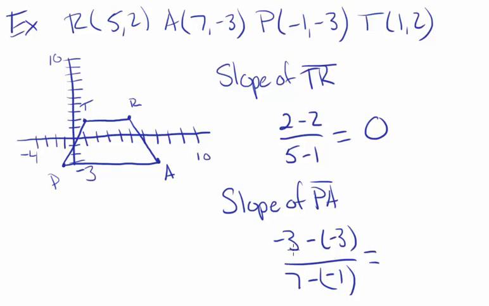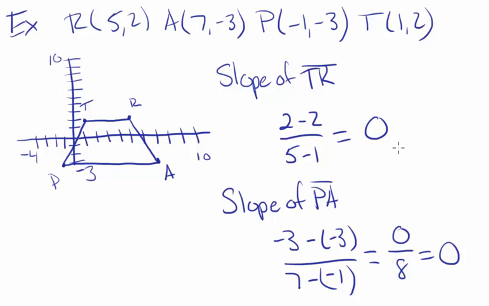On top here we have negative 3 minus a negative 3, which will be a plus. So negative 3 plus 3, which will be 0. And then we have that over 8. But again, that equals 0 as well. And so PA is horizontal. This makes sense. It is a horizontal line, and horizontal lines have a slope of 0.